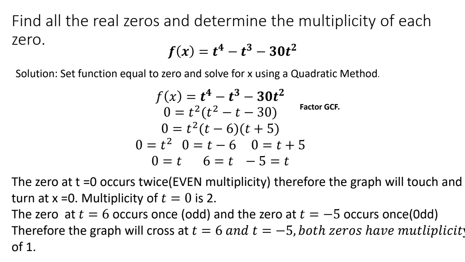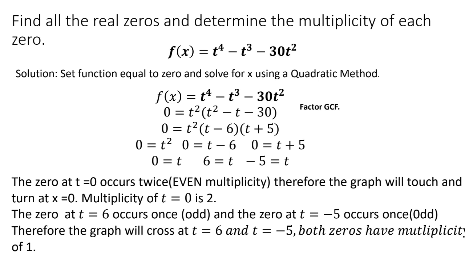And at 6 there is only 1, so that's an odd multiplicity. At negative 5, there's only 1, so that's an odd multiplicity, okay? So this is the way we can find out the multiplicity of our zeros, how many times they appear as solutions.